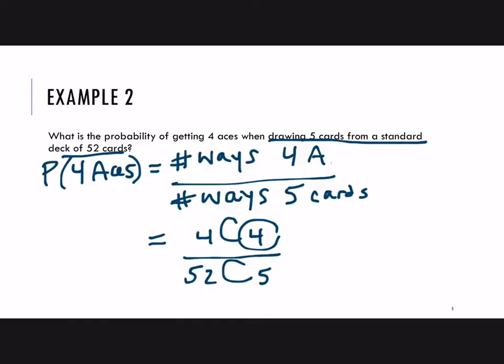There's not just one single way to choose 4 aces and another card, because that 5th card could be any of the ones that are left. So we need to add on to this and multiply by how many ways there are to choose the other card. If I correct this, it's more like the number of ways to choose 4 aces and 1 other card.